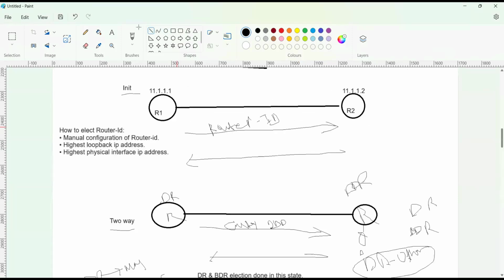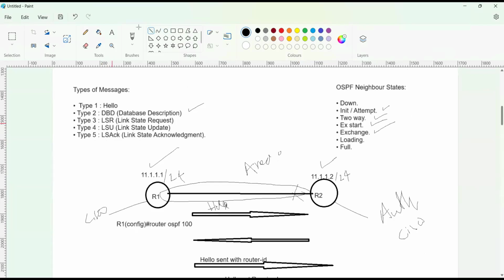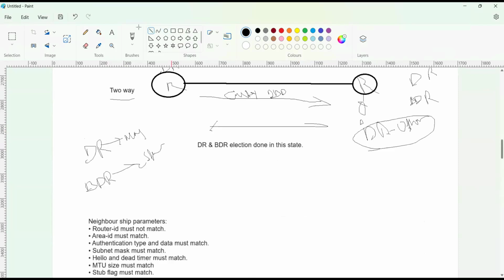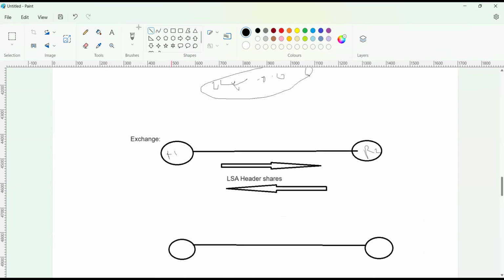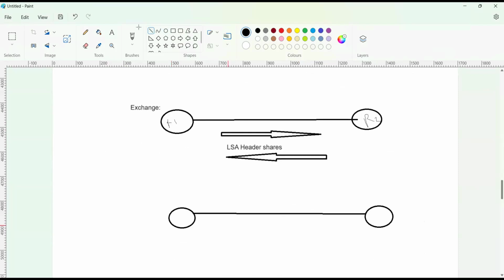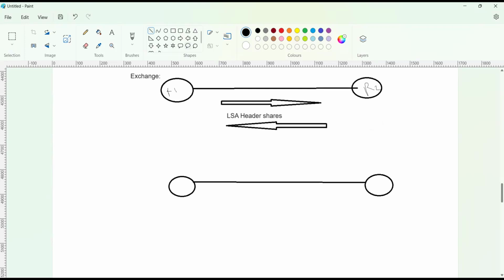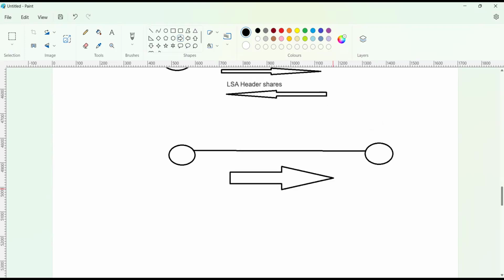Link state request, link state update, link state acknowledgement. Once they are exchanging, first they will ask, can you send me the prefixes and link state advertisements you have?